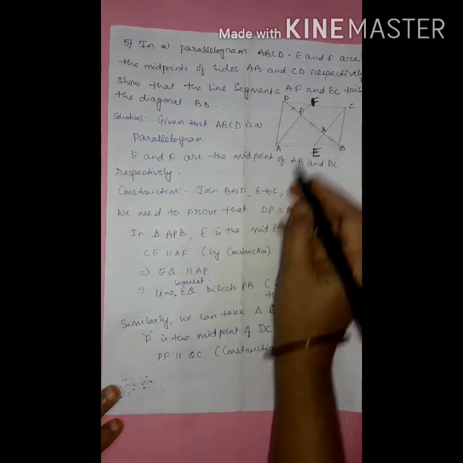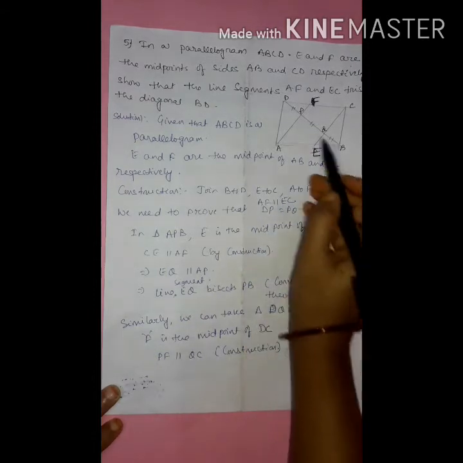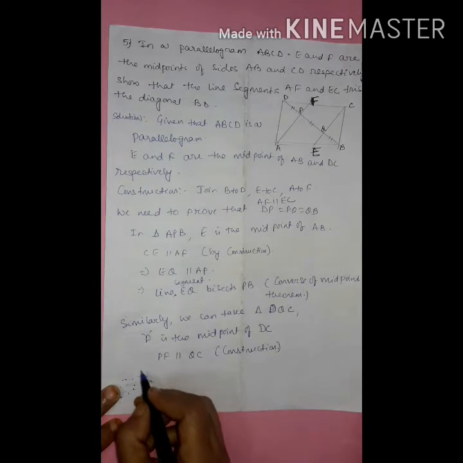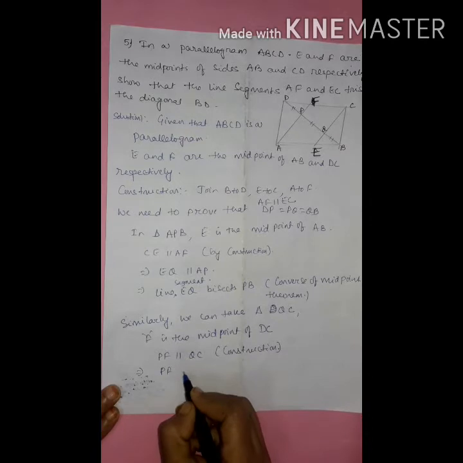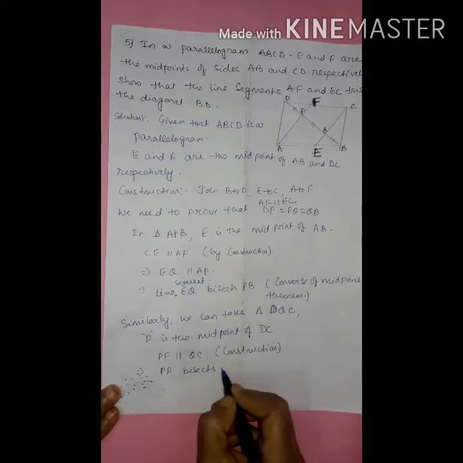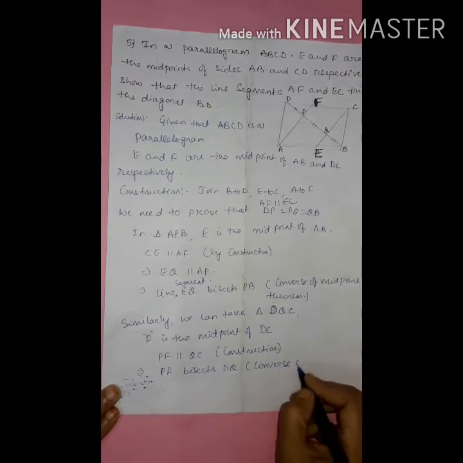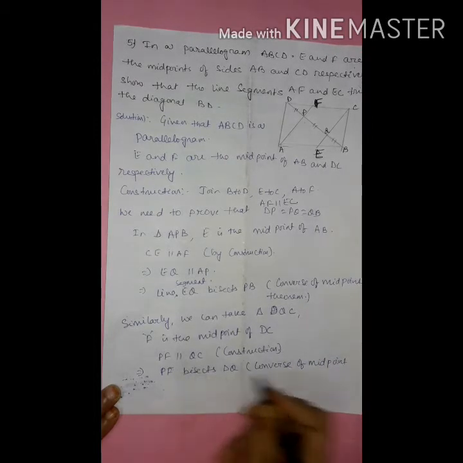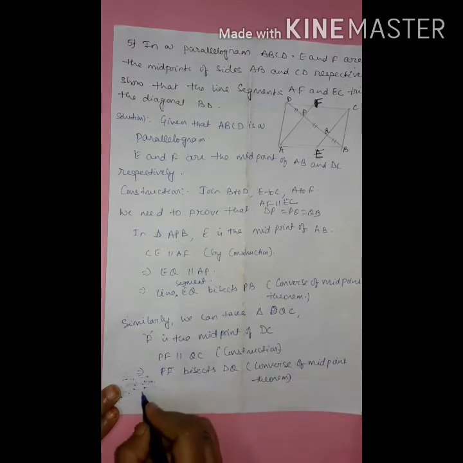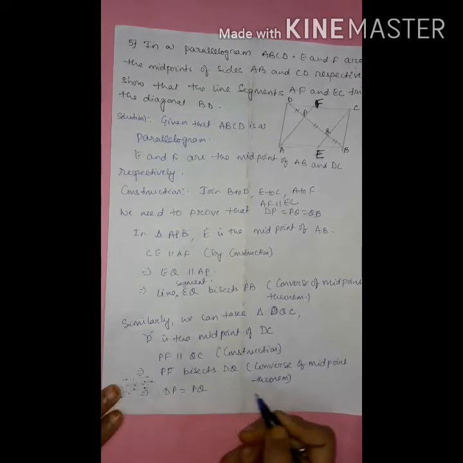AF is parallel to EC, so by construction PF is parallel to QC. This implies PF bisects DQ. This is the converse of the midpoint theorem. So this implies DP is equal to PQ.